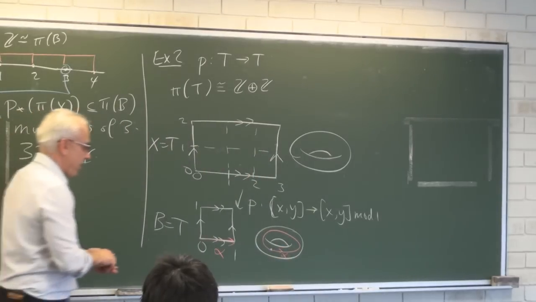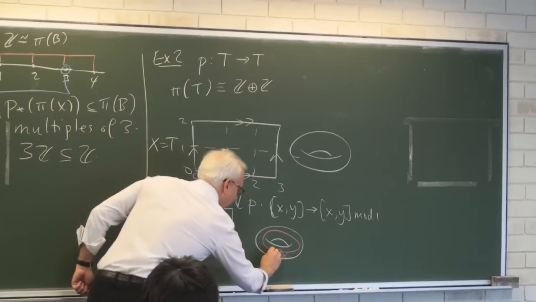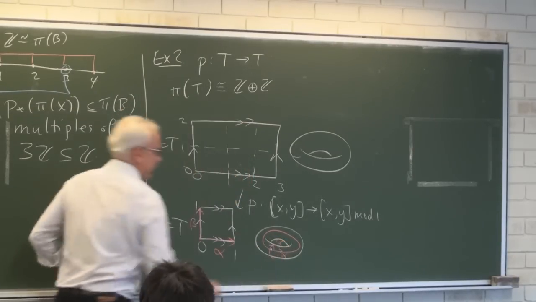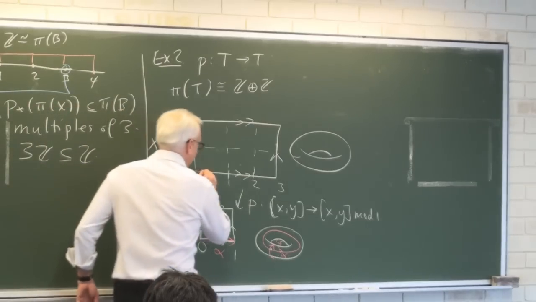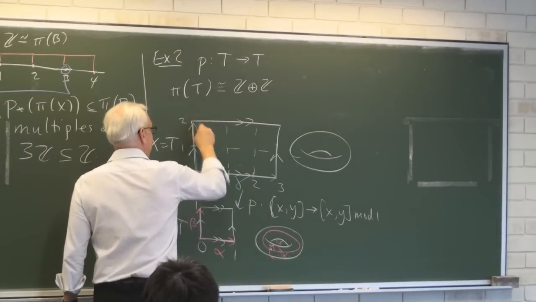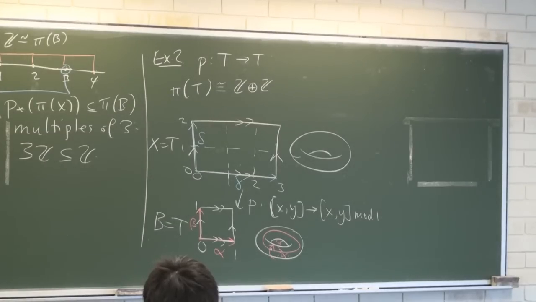And then there's another one, beta, in this direction, which we can draw as that loop around that little circle there. Okay, and upstairs, well, it's still the same space, so it has also 2 generators. Well, let's call this one gamma, and this one delta.